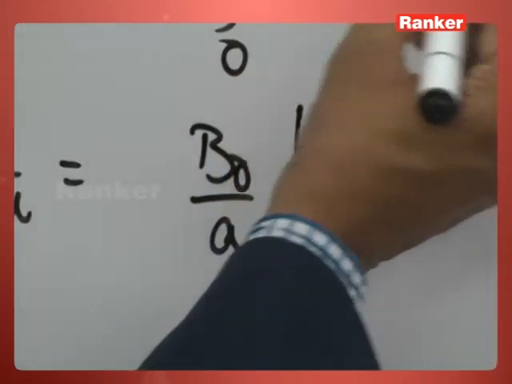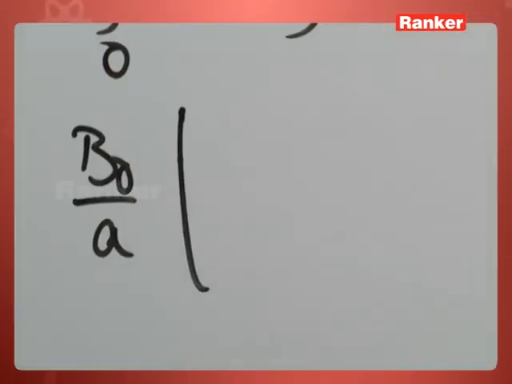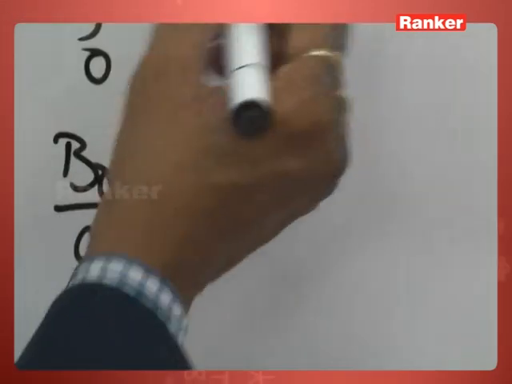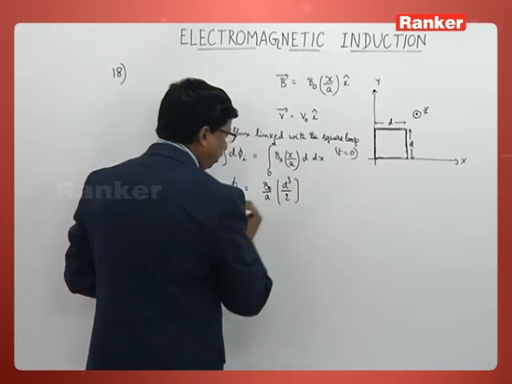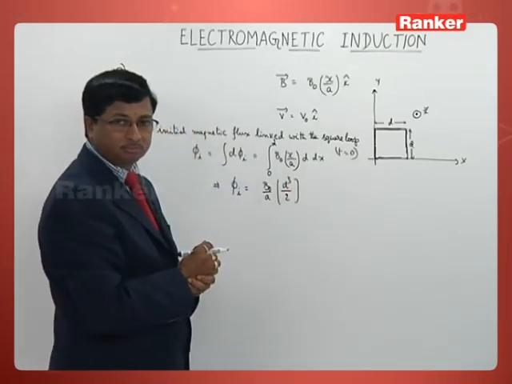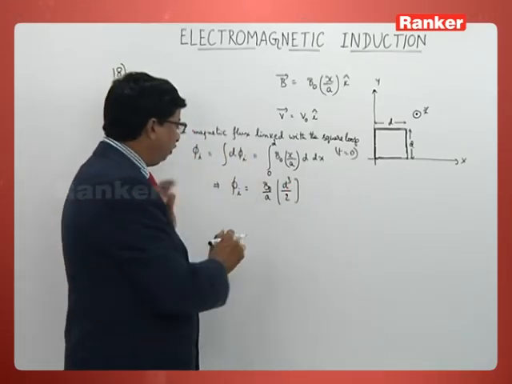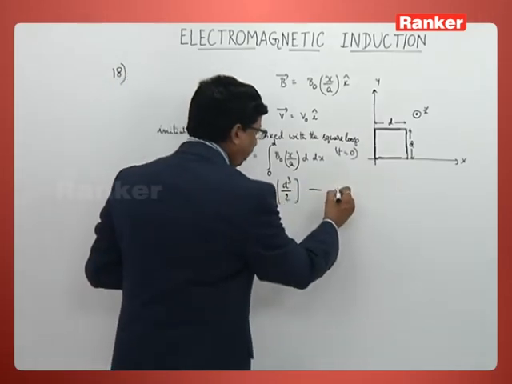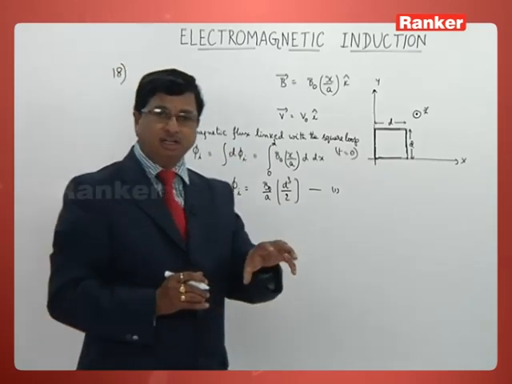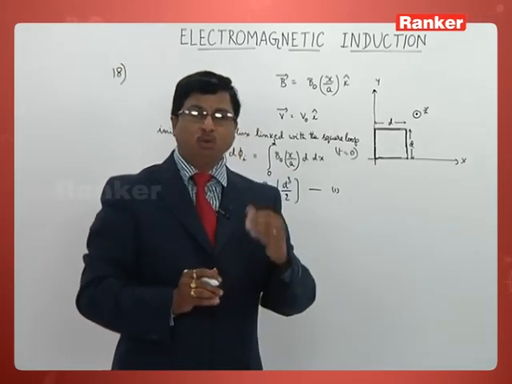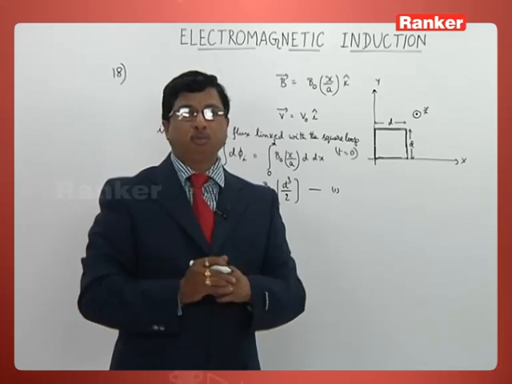Of course I can take x dx, integration is x square by 2. That now becomes d square into d cube by 2. You get like that. That is the first value, what I can treat as initial magnetic flux that is linked with that square loop which has been given in the problem.